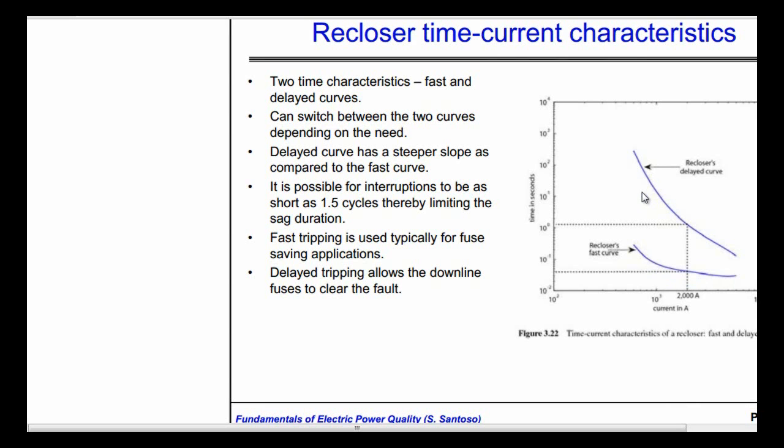We can start, for example, from the fast curve for the first two operations, and then we will start the delayed curve when the fault is permanent, so that the fuse curve will be in between the two curves, so the fuse will melt to clear the fault. Then the recloser will close, so that the rest of the system will regain service.